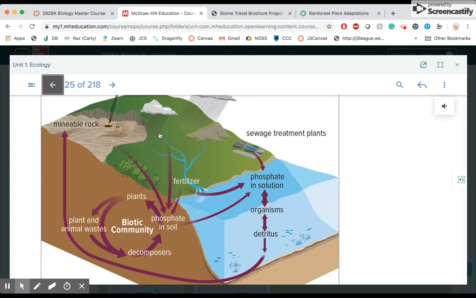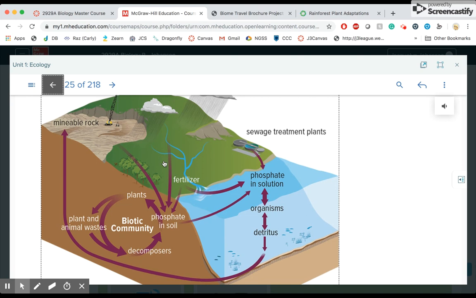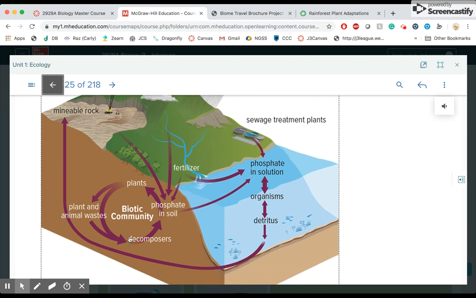The long form of the phosphorus cycle has the phosphorus settle down as precipitate, something that falls. It gets turned into soil and compacted into rock over time, and then eventually that phosphorus is mineable. So that is the long pathway of the phosphorus cycle.